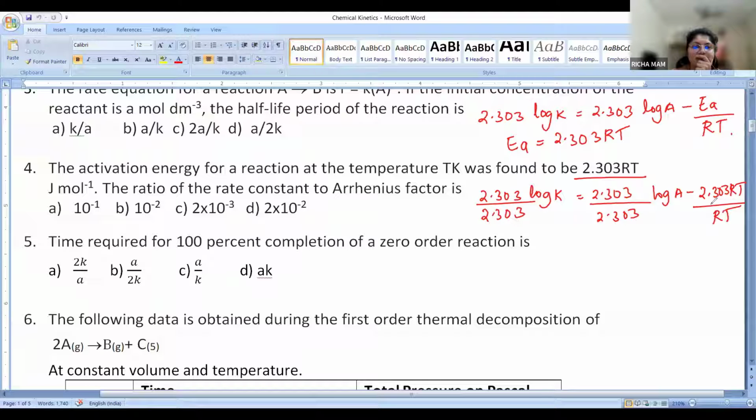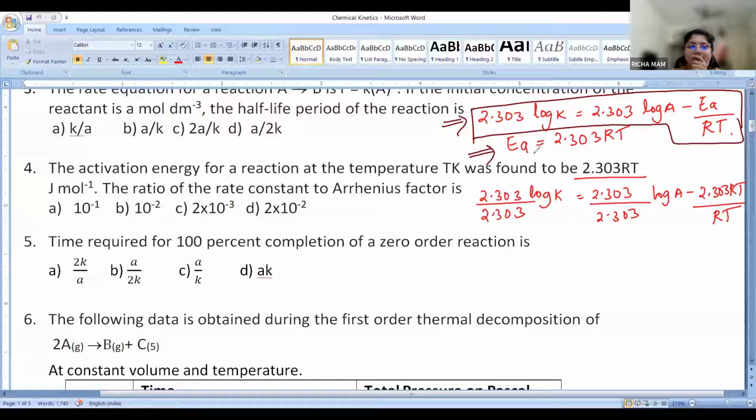So we are dividing by 2.303 on both sides, and we are putting the value of EA in the above equation.